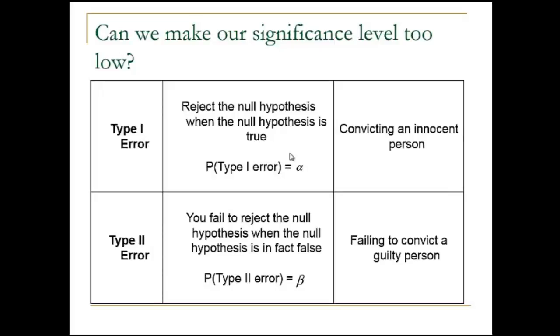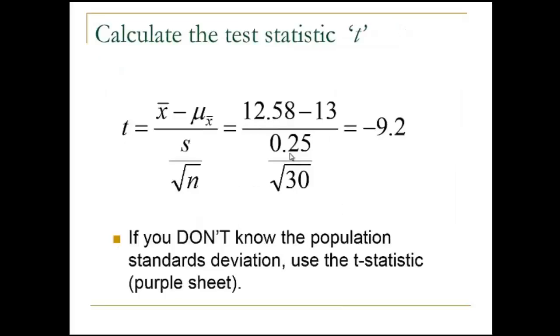And the probability of rejecting a null when the null is true is alpha, and that is called a type 1 error. If you fail to convict a guilty person, let a guilty person go free, that's failing to reject a false null. And that is a type 2 error, and the probability of a type 2 error is called beta. And we will go over that some more soon.